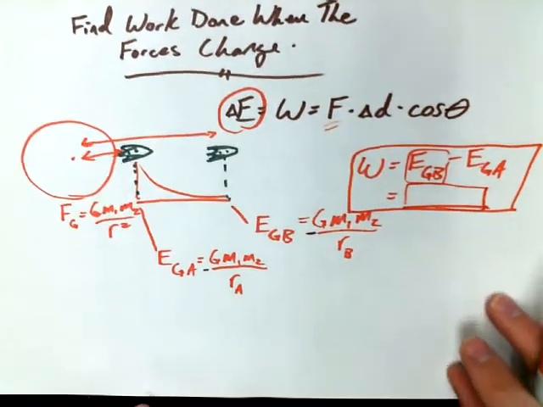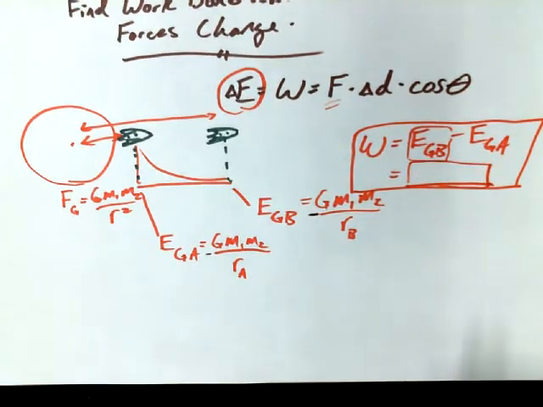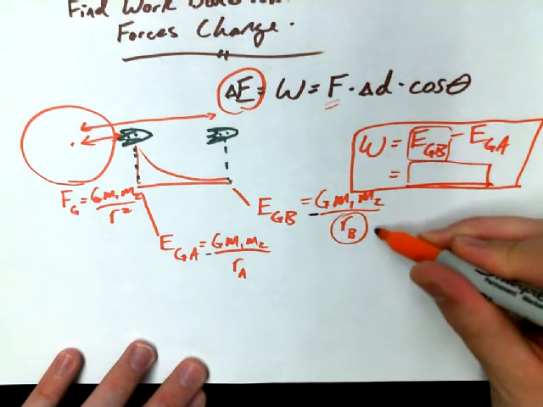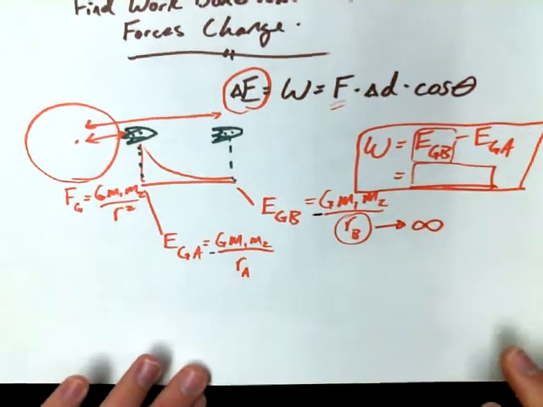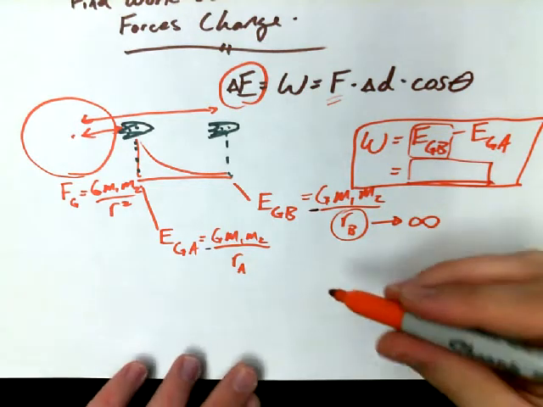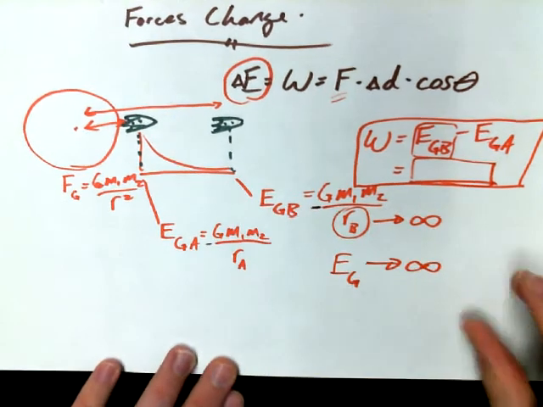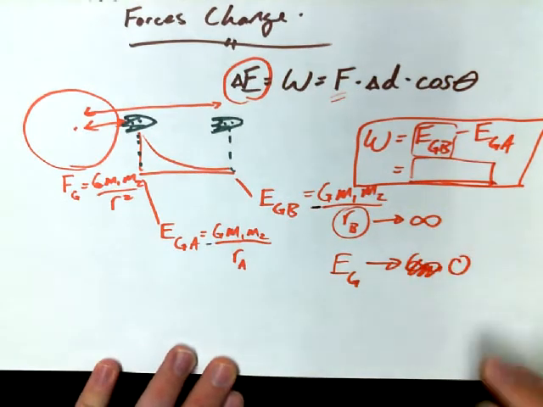But then there are other people that say, hey, wait a minute, what happens in the limit scenario? What happens to this r value when r goes to infinity? What becomes the value of the gravitational potential energy at the infinity limit for r? Yeah, in the limit where r becomes infinity, Eg becomes 0. Thank you.